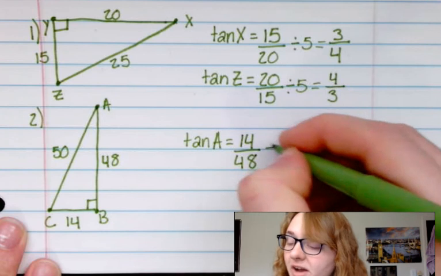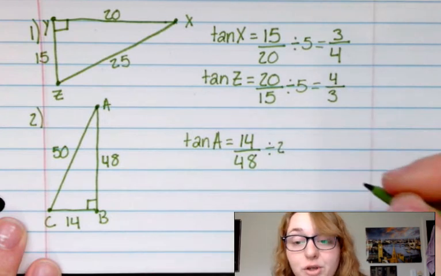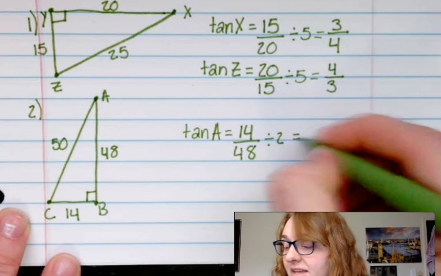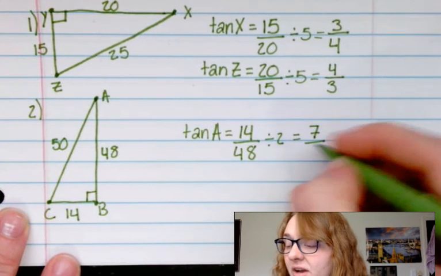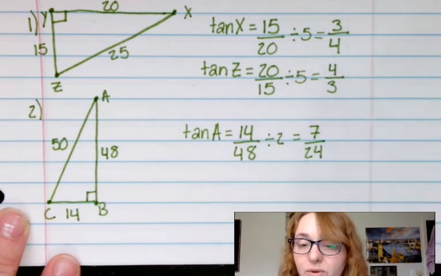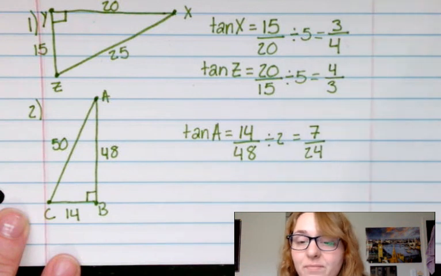We are going to divide by its greatest common factor of 2 this time. 14 divided by 2 is 7, and 48 divided by 2 is 24. Now that is as reduced as it can get. 7 does not go into 24, and we cannot pull anything else out.